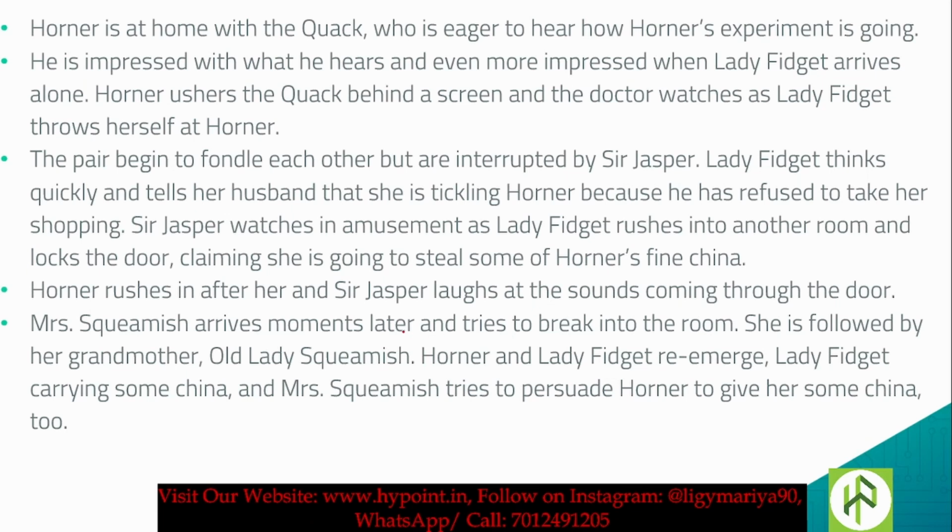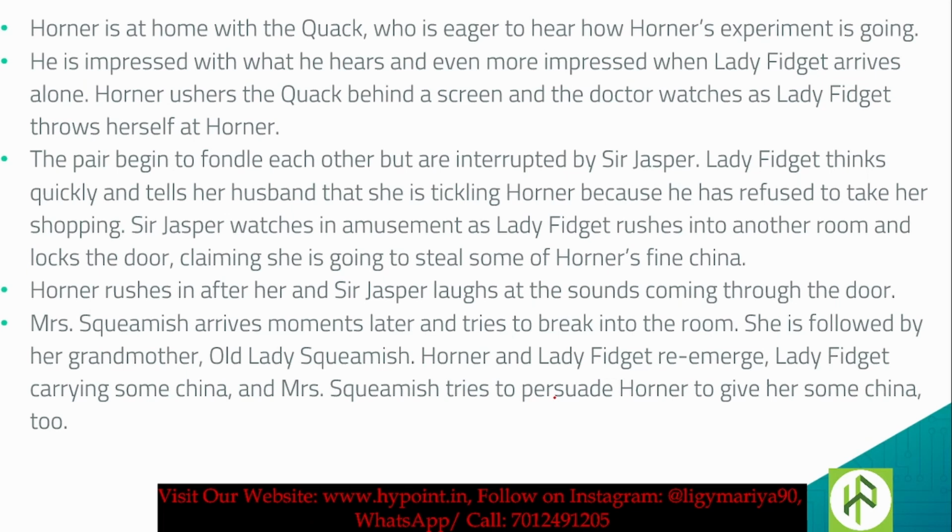Mrs. Squeamish arrives moments later and tries to break into the room. She is followed by her grandmother, Old Lady Squeamish. Horner and Lady Fidget re-emerge, Lady Fidget carrying some china, and Mrs. Squeamish tries to persuade Horner to give her some china too. So there is a double meaning there. China got a double meaning.